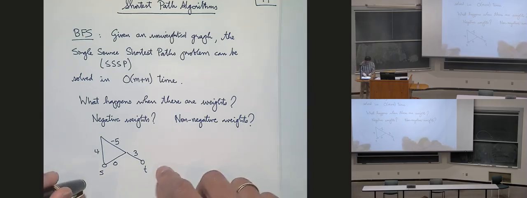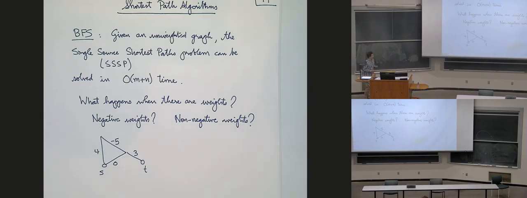What is the shortest path distance from S to T? Okay, so you said 2. Because you could go up here, come down there, and go. Okay. But I claim that I could even do better than that. You just go around the loop. You keep going around the loop. So this cycle here, if you start from S and go back to S, you get minus 1. So you can just keep doing that as many times as you want, and then go to T.